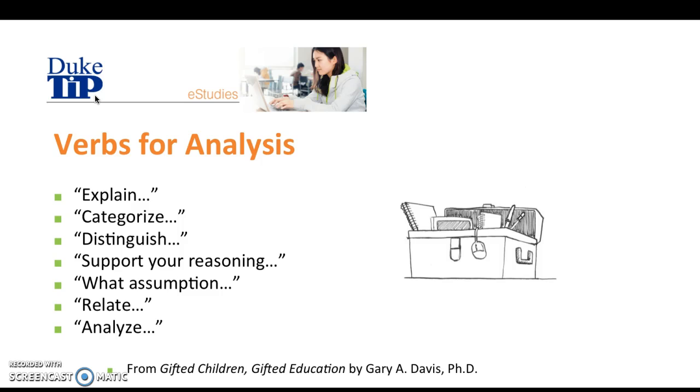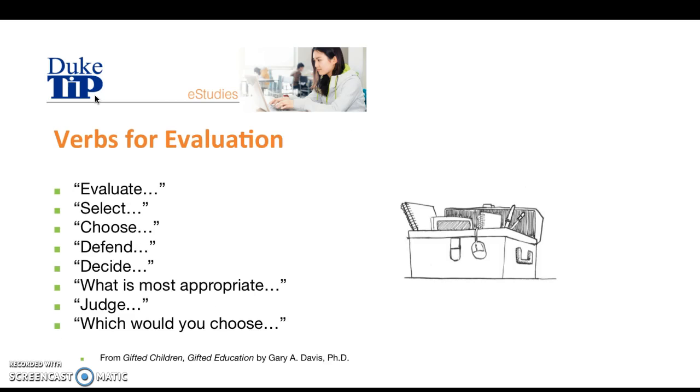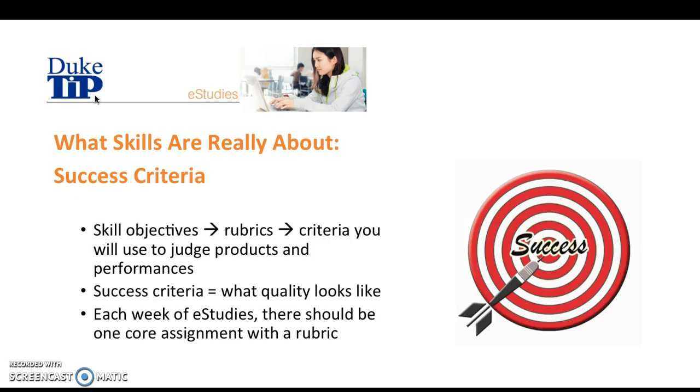If you are talking about having students do analysis, you might also use explain, categorize, distinguish, etc. If you're looking for synonyms for synthesis or creation verbs, create, suggest, propose, develop, invent, etc. Likewise, evaluation. We have great synonyms here that you might use. Evaluate, select, choose, defend, decide, judge, etc.